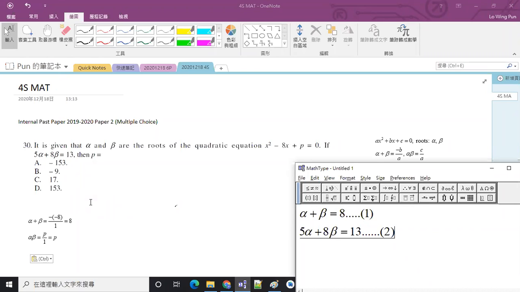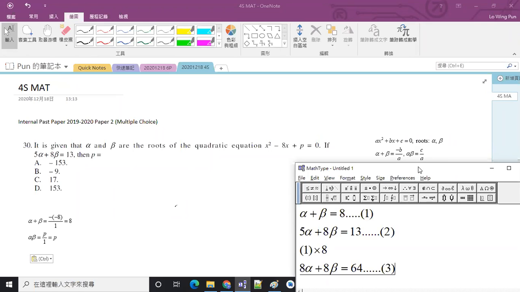Okay, and then we will just use our techniques of solving simultaneous equations to try to solve these two equations. Okay, so I'm going to multiply equation 1 by 8. Okay, and I'll get 8 alpha plus 8 beta is equal to 64, and label this to be equation 3.